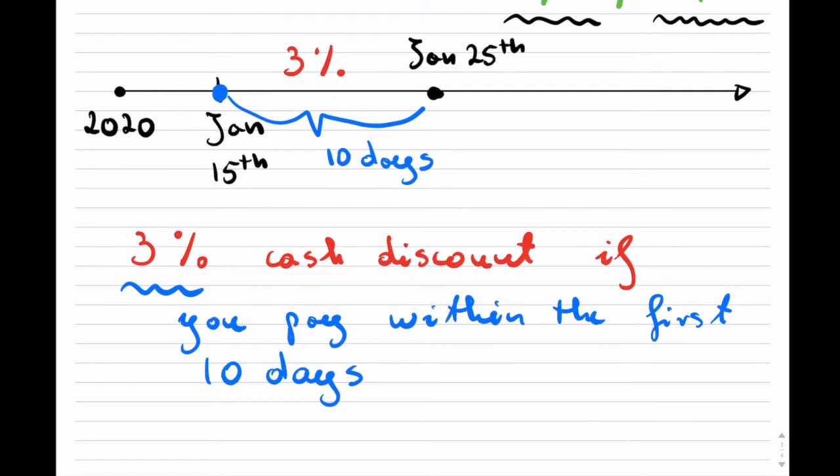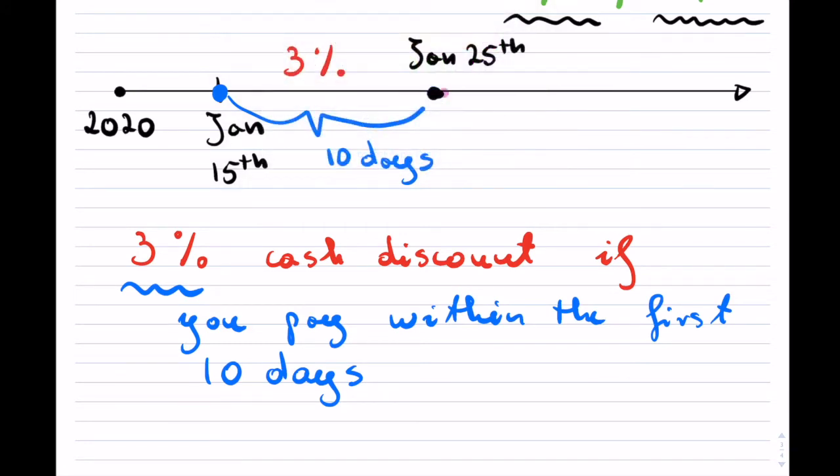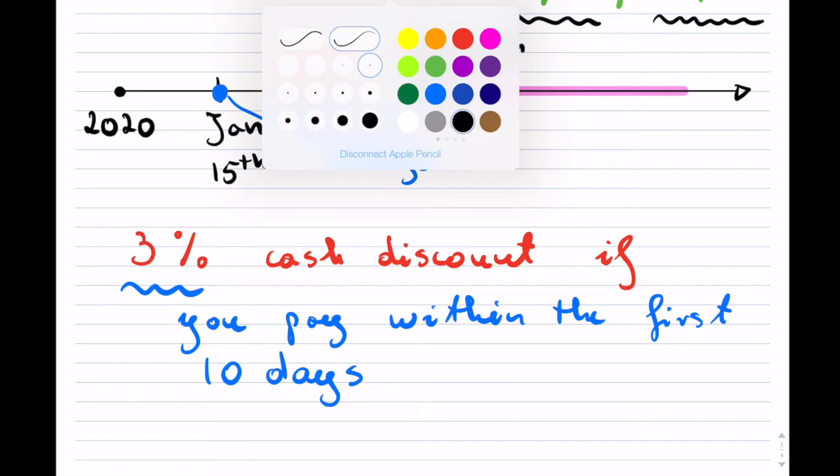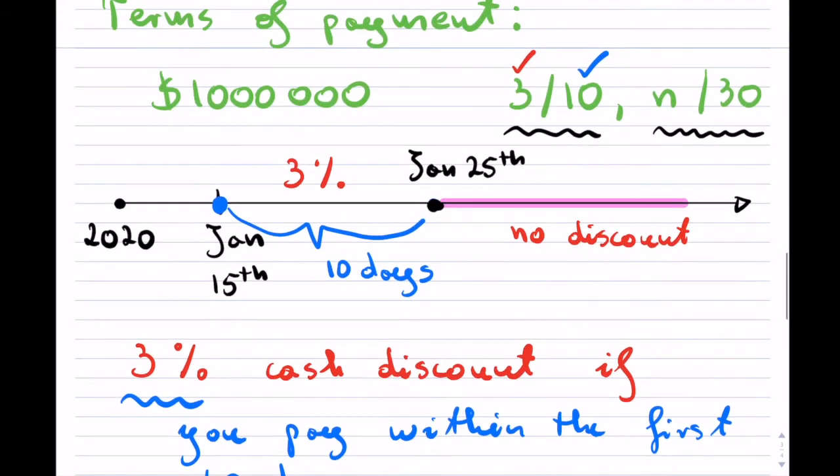But if you pay afterwards, let's say January 26th or onwards, no discount anymore. So here, there is no discount.